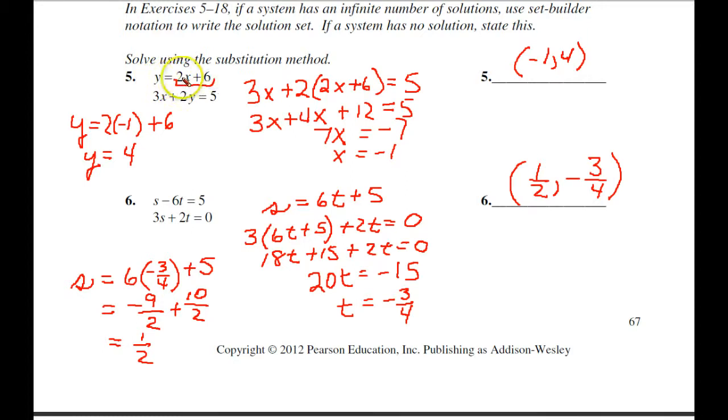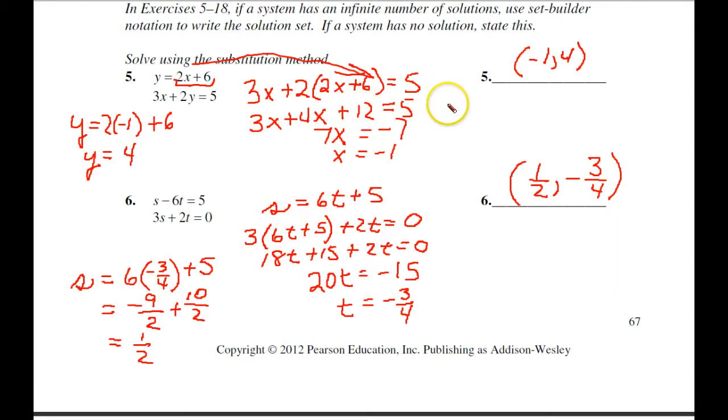We then take this into the other equation right here, and the y value is replaced there. We use the distributive principle to get rid of the parentheses. We group like terms. We transpose the 12 to the other side.